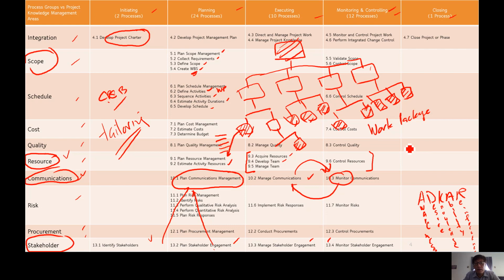The team develops first. They have to form the team, forming. Then storming, I think? Am I correct? Okay, forming, storming, norming, performing. Then once you finish the project, we call it adjourning. So this is a phase, team maturity phases.